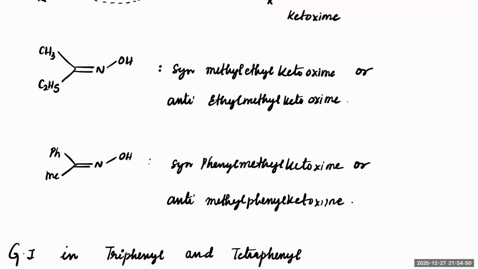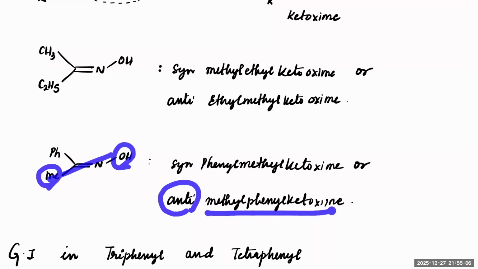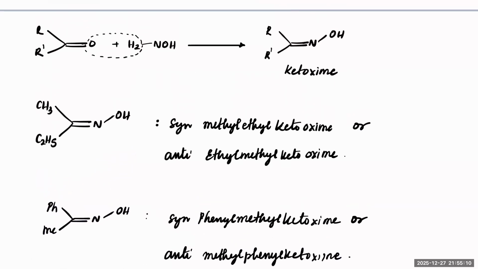So you need to check with respect to OH and then read it accordingly. You can have both the names here. Same way, phenyl and OH are on the same side, so syn phenyl methyl ketoxime. Methyl and OH are on the opposite side, so anti methyl phenyl ketoxime. These are the names to be used.